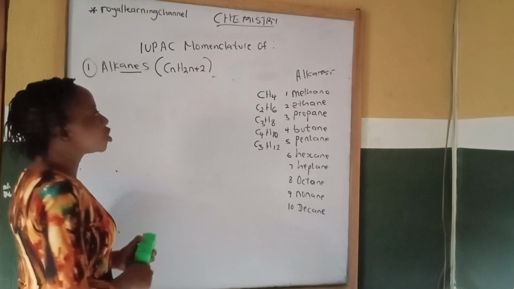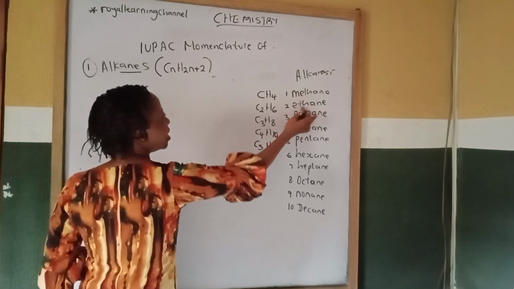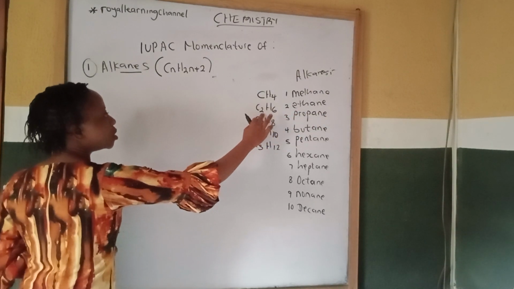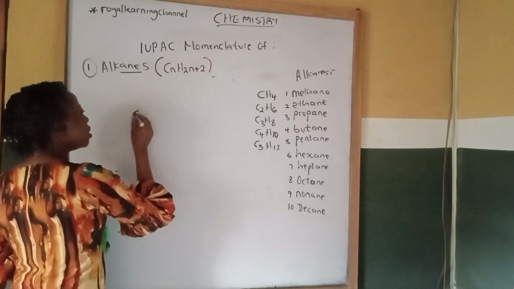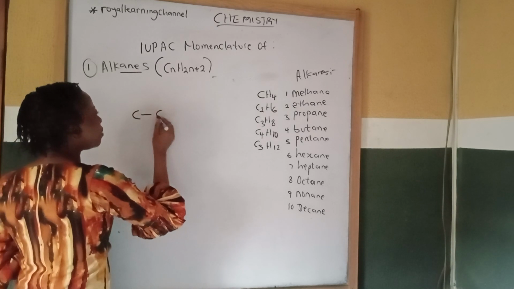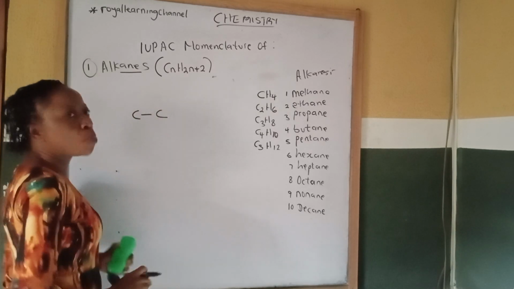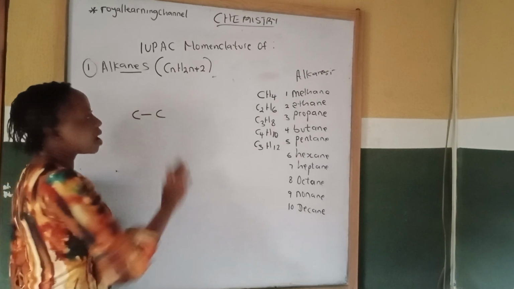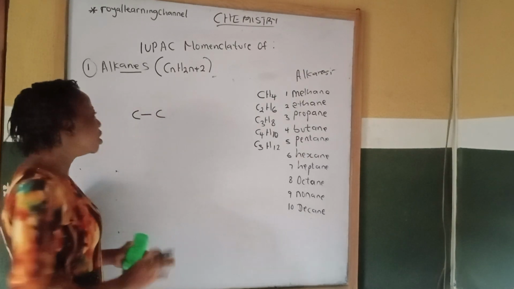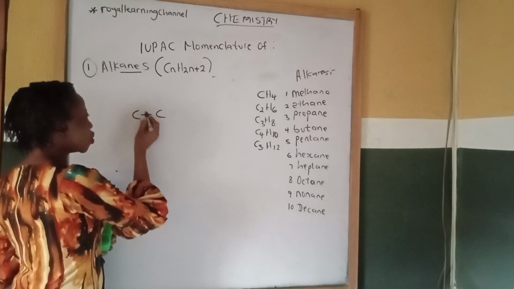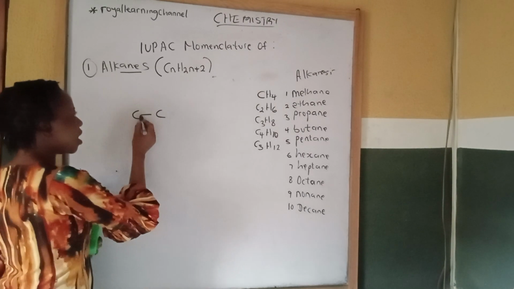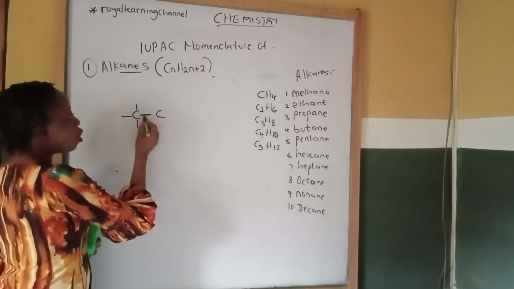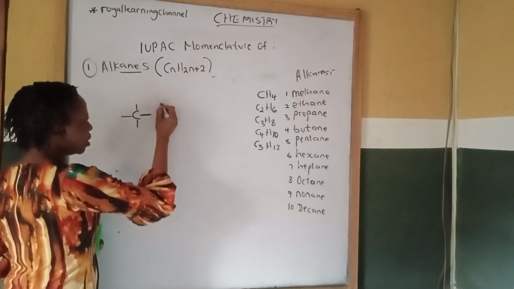Now let's draw the structural formula for ethane. Ethane, the second member. How many carbon atoms are we having? 2. Then the carbon atoms will be joined together by a chemical bond. Then each carbon atom must be surrounded with 4 chemical bonds. 1, 2, 3, 4. 1, 2, 3, 4.